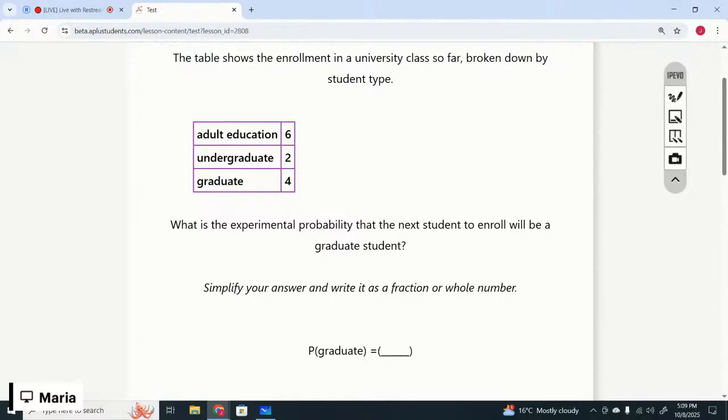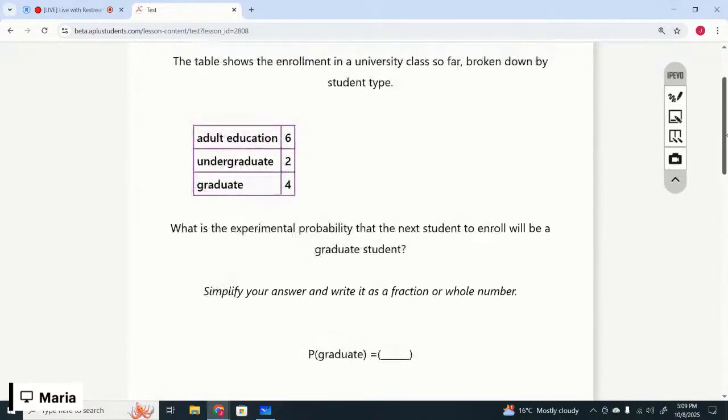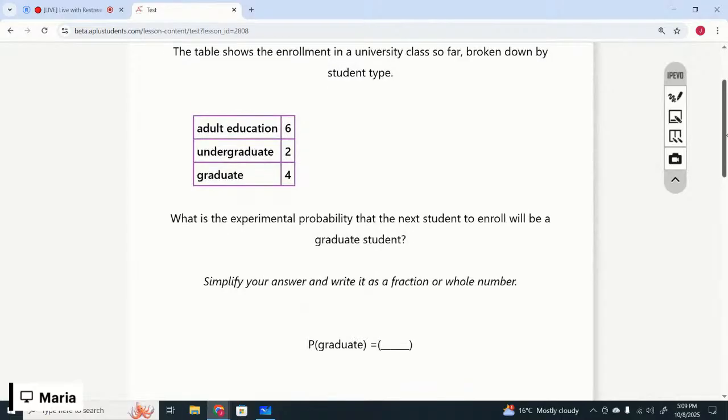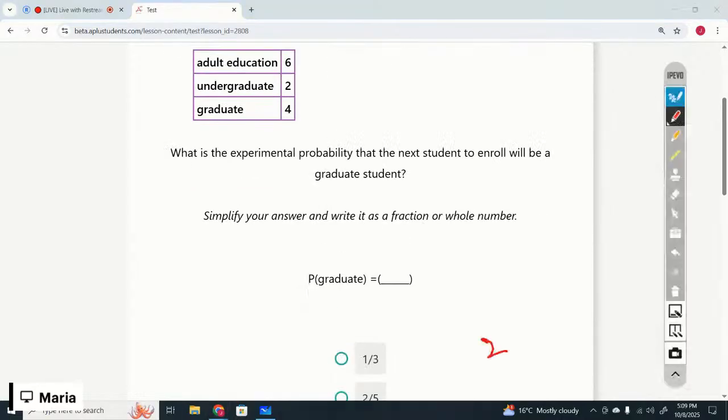The probability of graduate is 4 over 12.